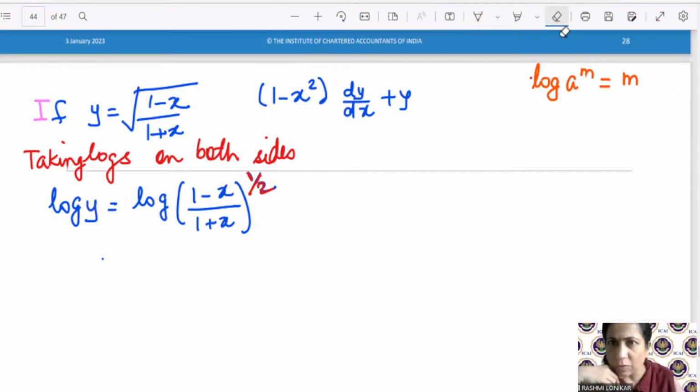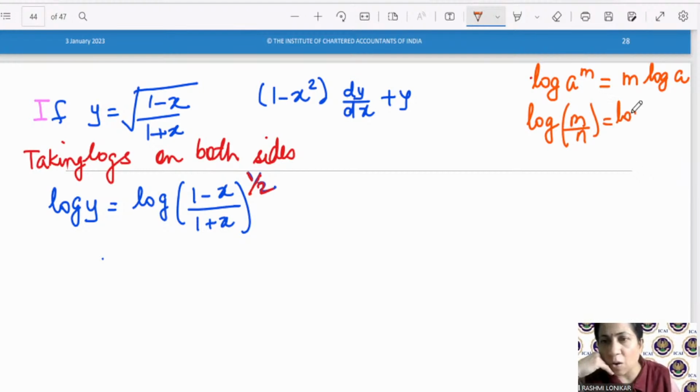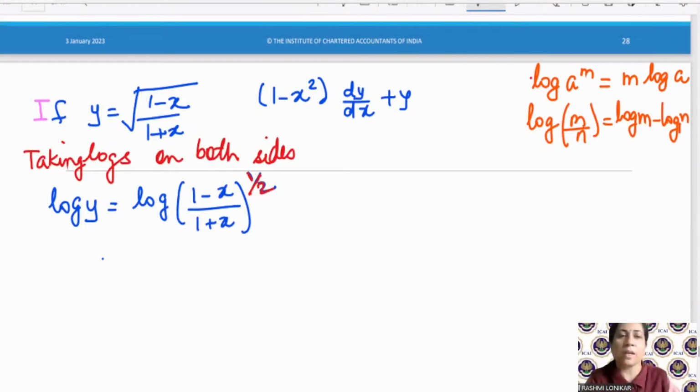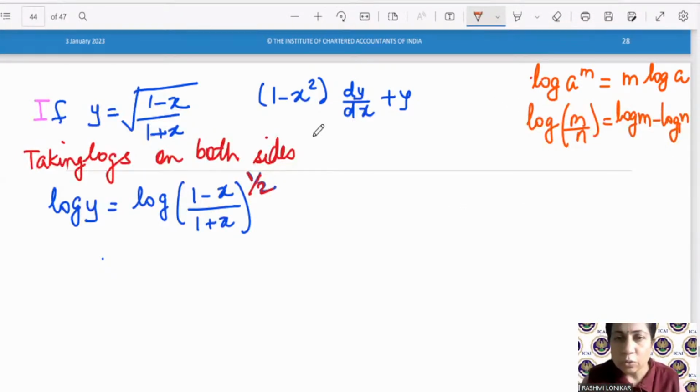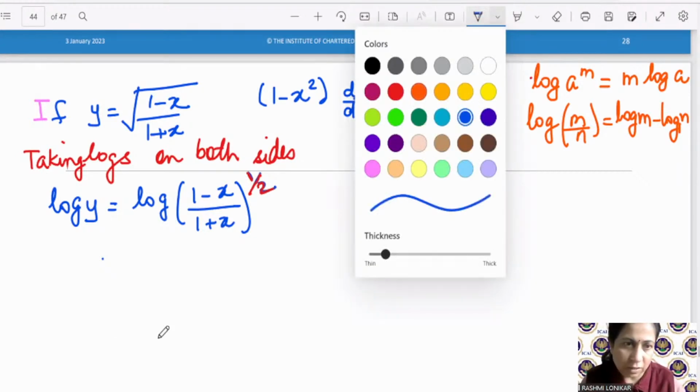M log a. And you also know that log of m upon n is equal to what? Log m minus log n. Isn't it true? Using these two, I'm going to simplify this.